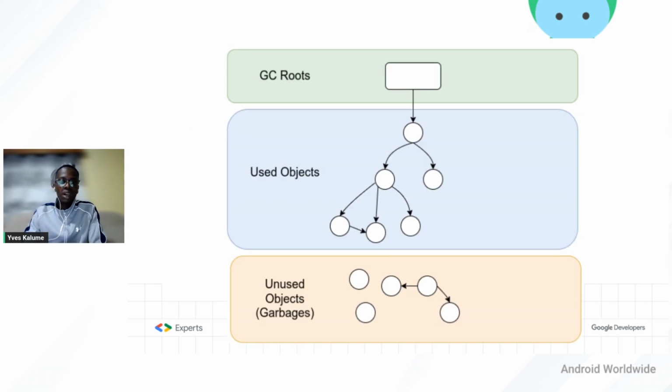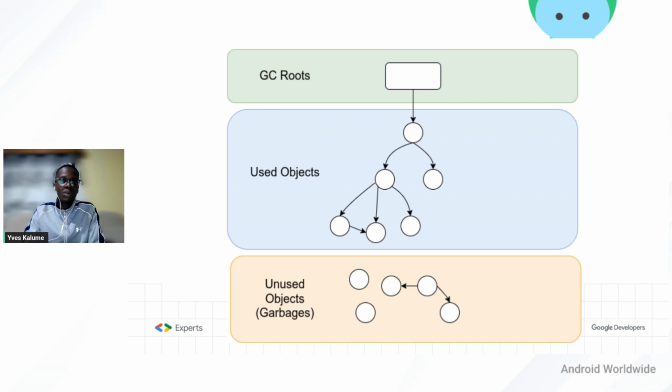If we talk about objects in memory and garbage collection, we can think of it as this schema. GC roots are objects which are referenced by the JVM, and they may also have references to objects from our program, and these objects are called reachable objects since they are reachable from the GC root.